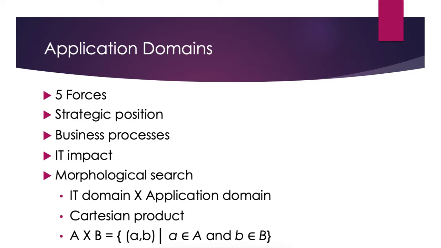Strategic position: are they an existing player in the market, what products are they selling, what networks do they have from supplier or buyer. Are they B2B or B2C? Okay.